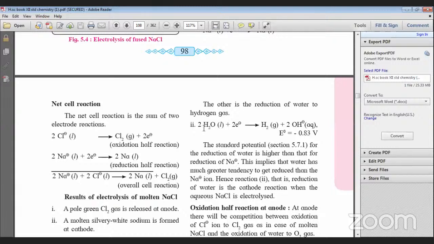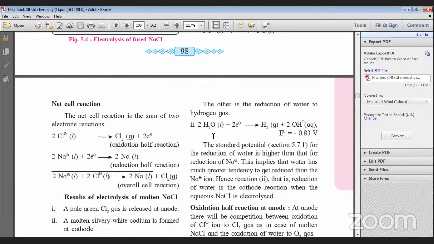So how will water undergo reduction? Water will accept electrons, and when the water molecule accepts an electron, a gas will form, and OH minus ions will remain as a negatively charged radical. Because you know in water, H2O, when you separate the ions, you get H plus and OH minus.